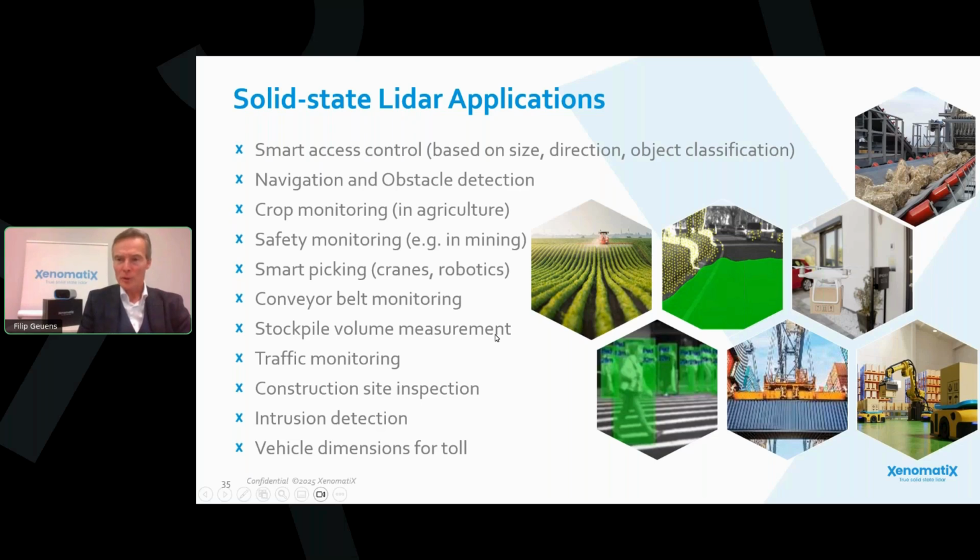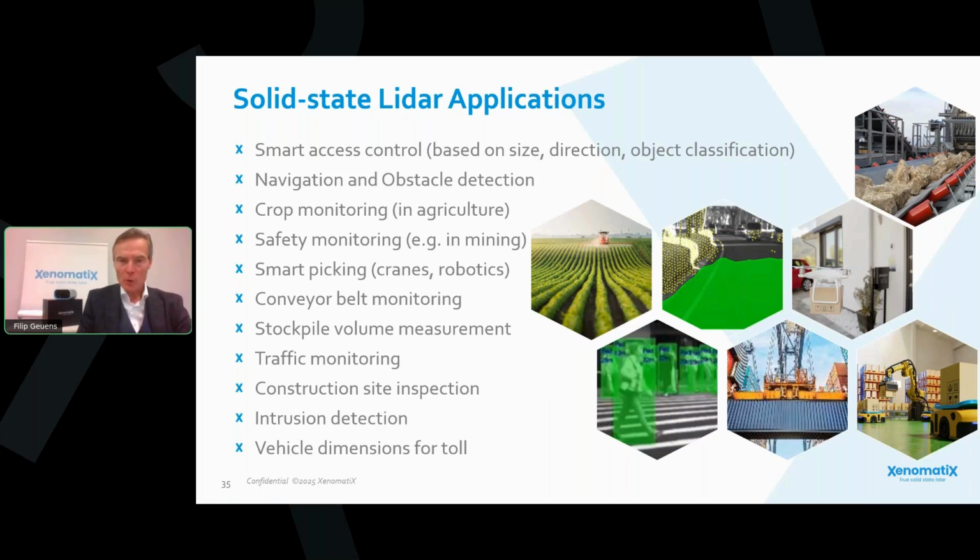LiDAR can be used for quantifying the amount of material in a stockpile, so volumetric measurements. Of course, there is a vast area of intelligent transportation systems with traffic monitoring, with smart tolling based on dimensions. And we can also do a variety of mobile mapping applications and construction site inspection.